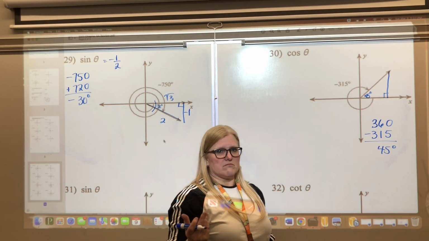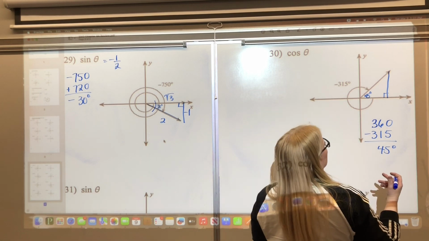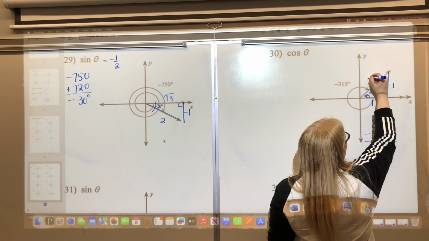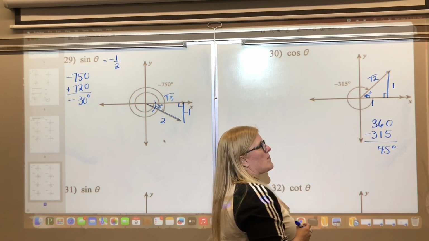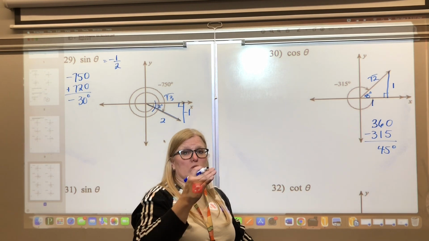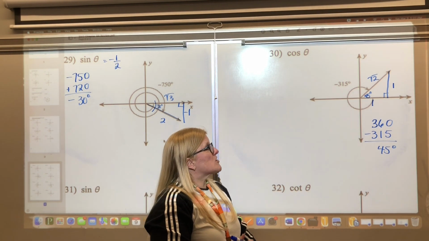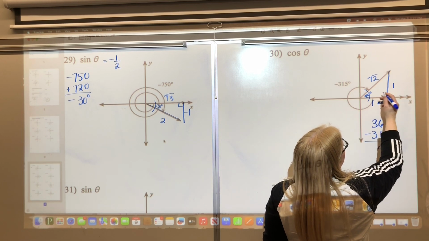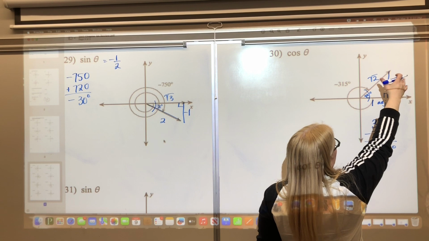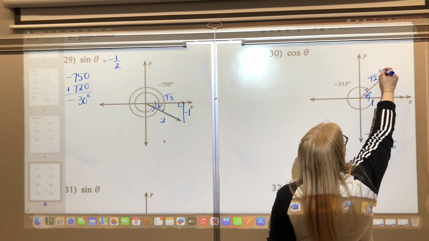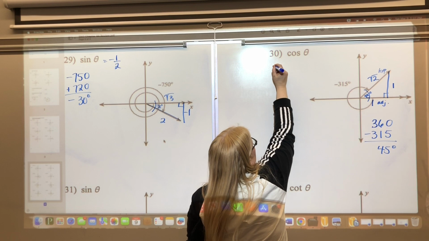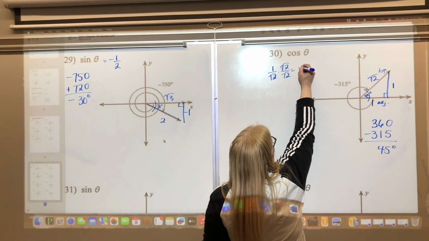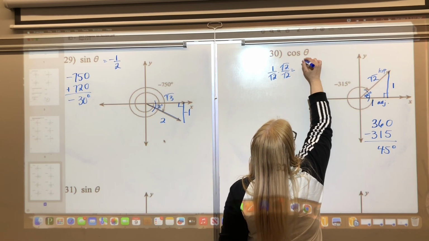I probably ought to make a new review, but okay, so 45 degrees, that's 1, 1, root 2. Okay, remember that special angle is 1, 1, root 2. Okay, and it's cosine, so that's adjacent, and these are all positive because it's in this quadrant. It's adjacent over hypotenuse, so this is 1 over root 2. Of course, have to get rid of the radical, so the answer is root 2 over 2.